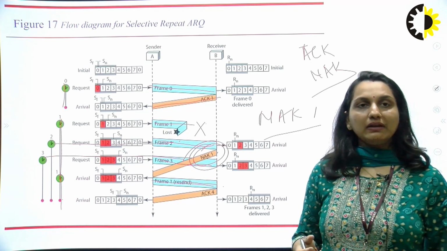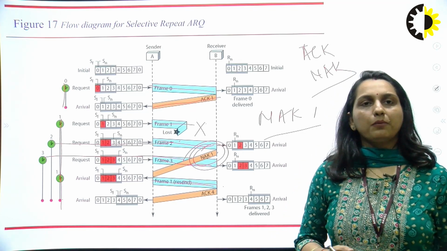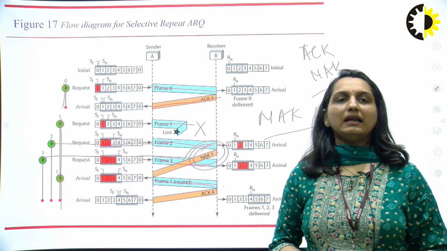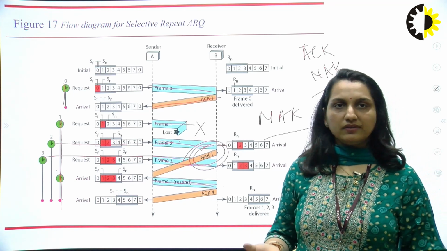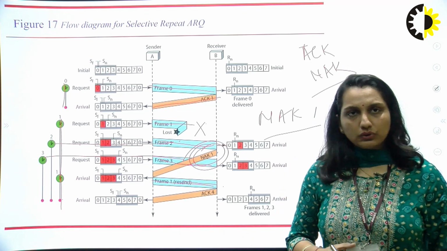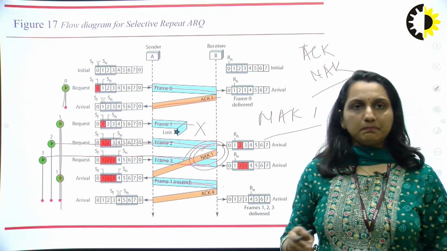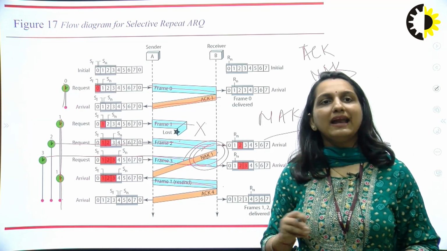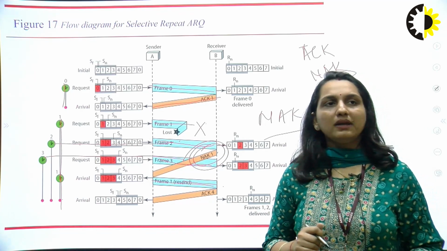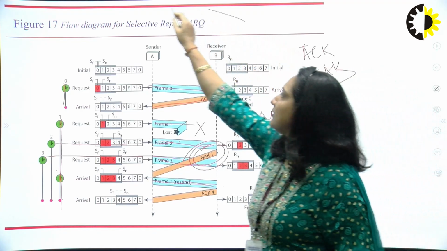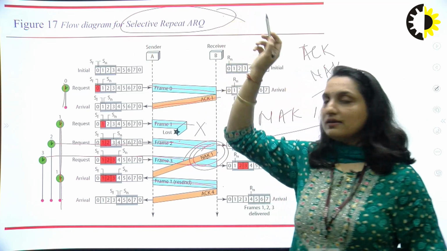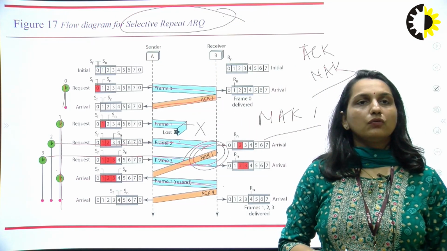When we send data from the data link layer to the receiver side, we get to know that the data has to be sent properly, so that the flow into the network is maintained. That flow is controlled by selective repeat ARQ.